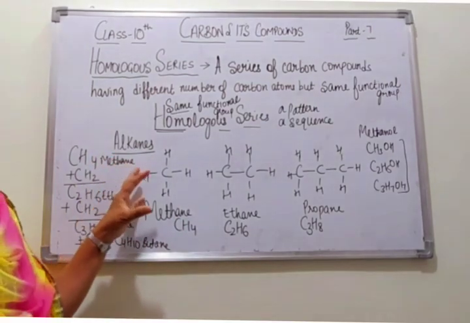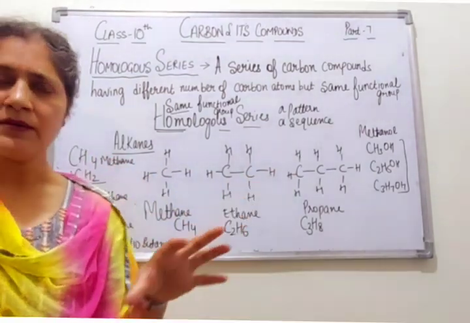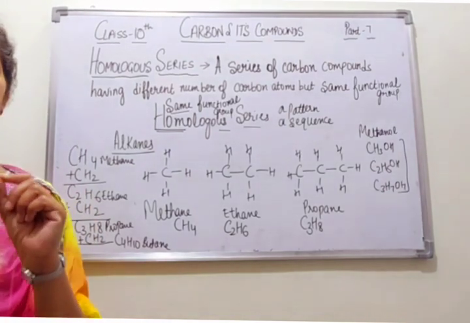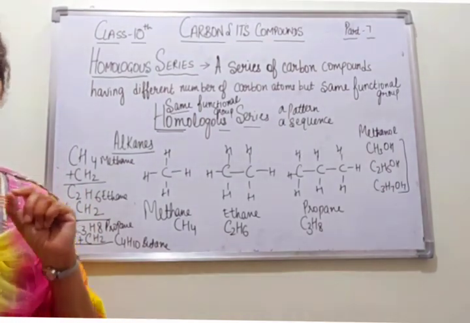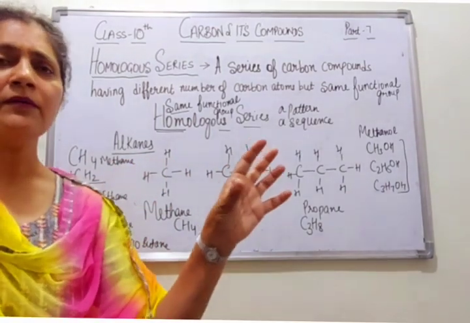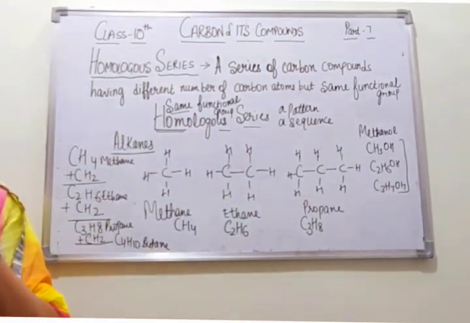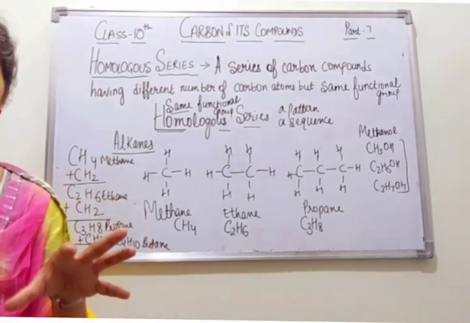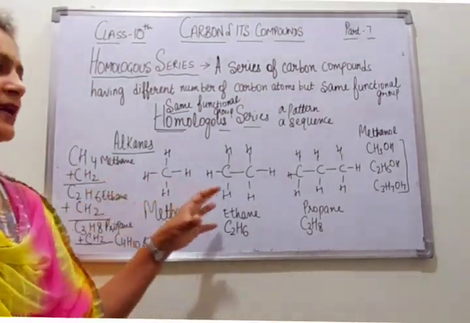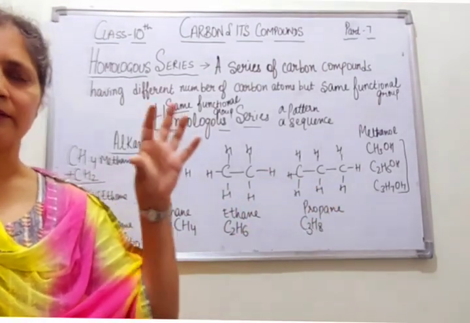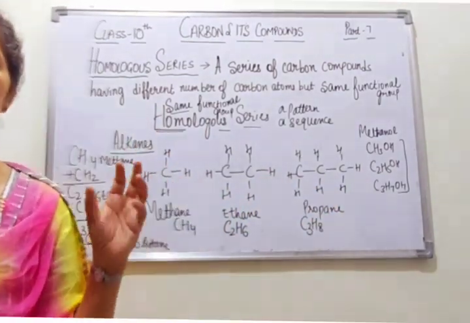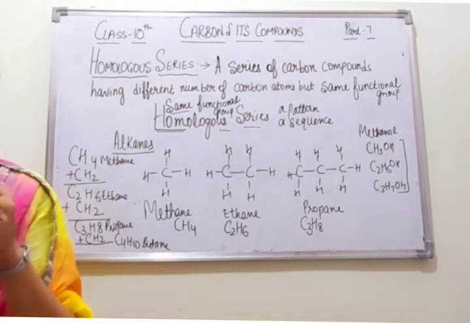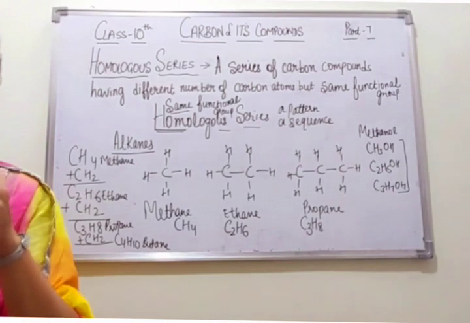In the homologous series, all the carbon compounds have different physical properties, but similar chemical properties, because they are all made up of carbon and hydrogen. Their composition is the same, so their chemical properties are the same. But the molecular mass goes on increasing in the series, so the physical properties like melting point, boiling point and solubility will be different.